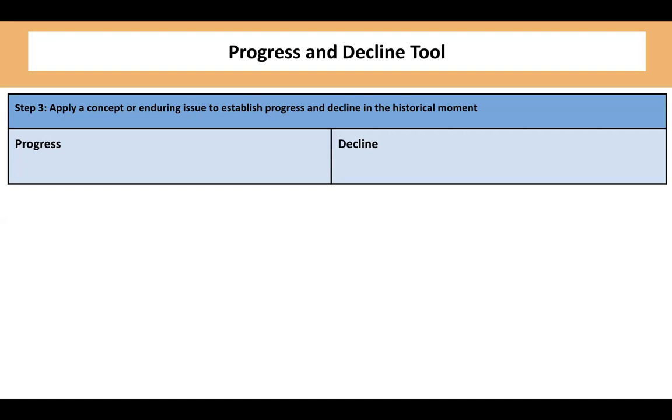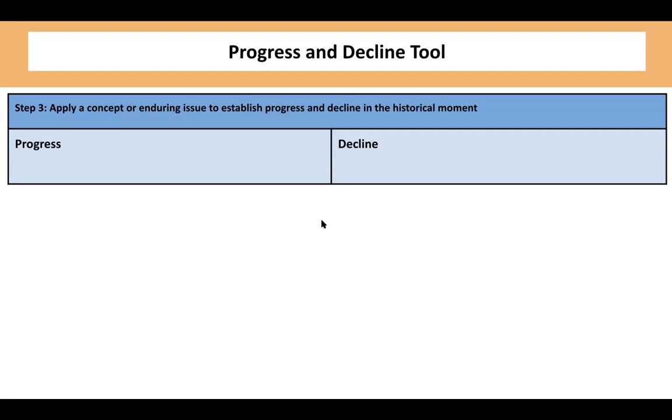So for this, they should apply a concept or enduring issue that establishes this progress and decline concept. One of the things that we had asked them to do in the context was to think of some themes or enduring issues. So they could use those themes or enduring issues to help them with this progress or decline.